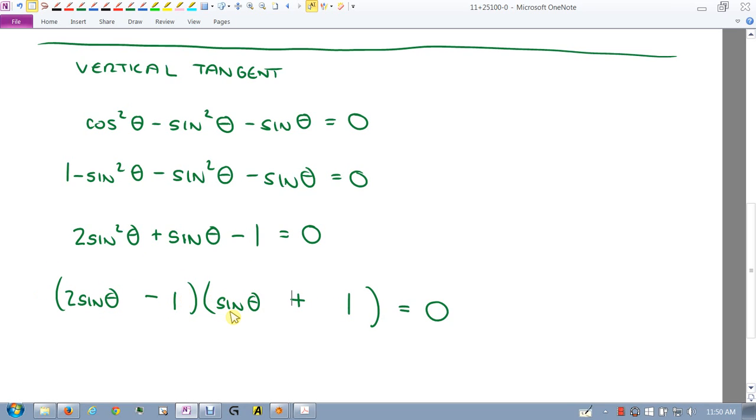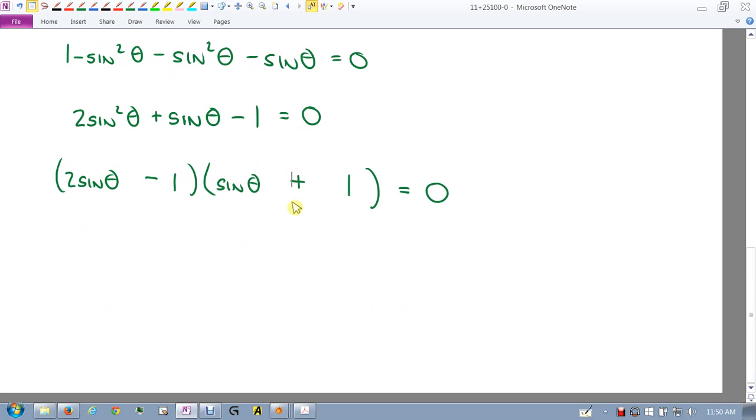Negative 1 times sine theta is negative sine theta. So 2 sine theta minus sine theta gives you a single sine theta. Negative 1 times 1 gives you negative 1. So that works. Now you set both of these equal to 0. You should get sine theta is a half. Yes, a half. The other one is sine theta is negative 1.